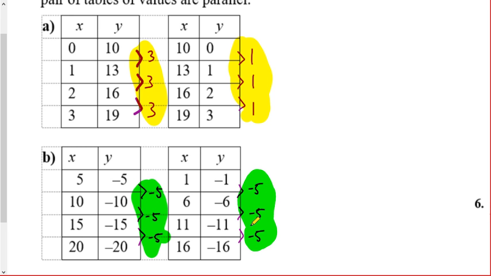We also call that the rate of change. So it's the same, therefore those are parallel. They have the same slope. If we graph them, they would never touch each other. So we've got parallel lines for B, not parallel lines for A. You can tell that just by looking at the slope.